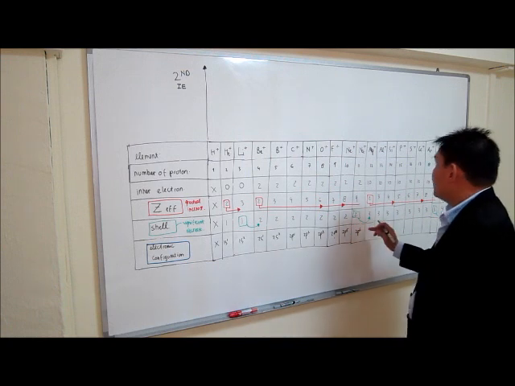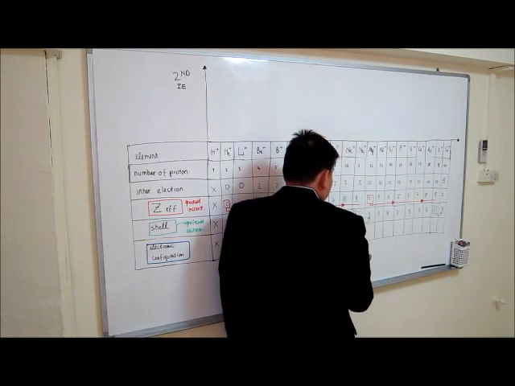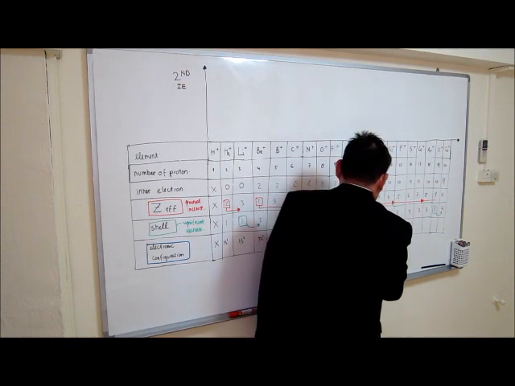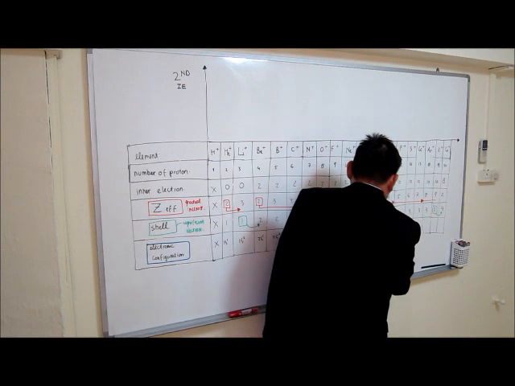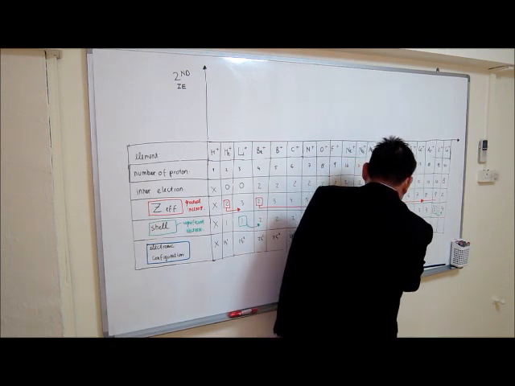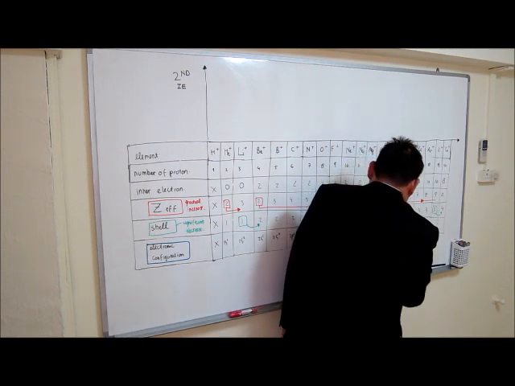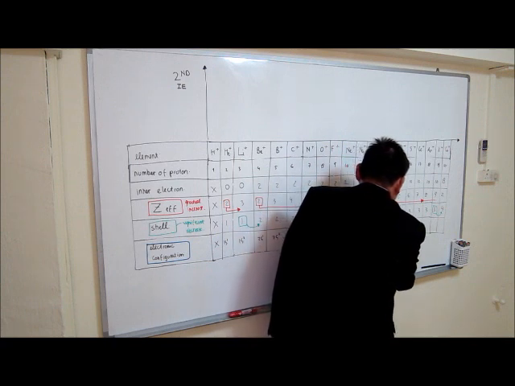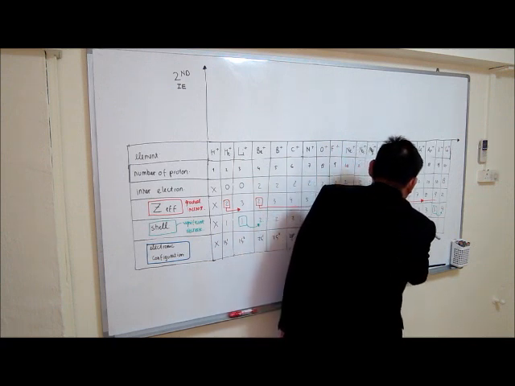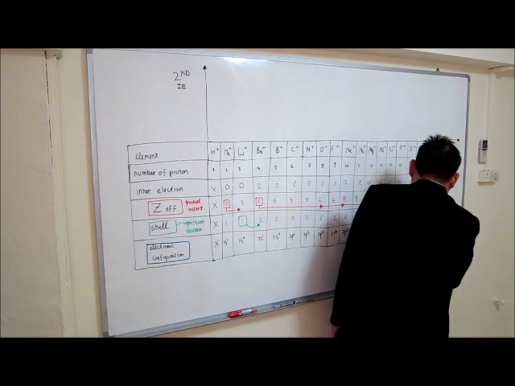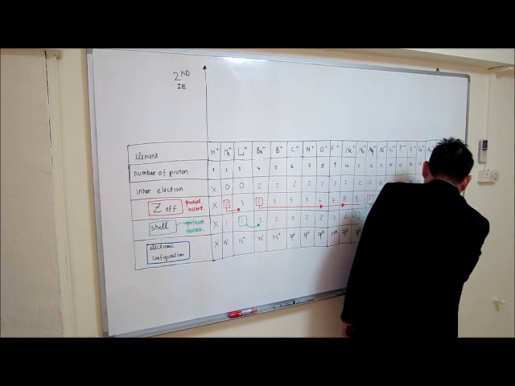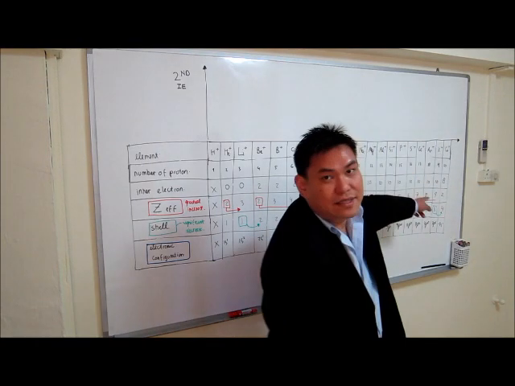From Mg+ to Al3+ is 3s1, 3s2, 3s3, 3s4. For silicon Si+, it will be 3p1, 3p2, 3p3, 3p4, 3p5, 3p6, and 4s1 is for Ca2+.